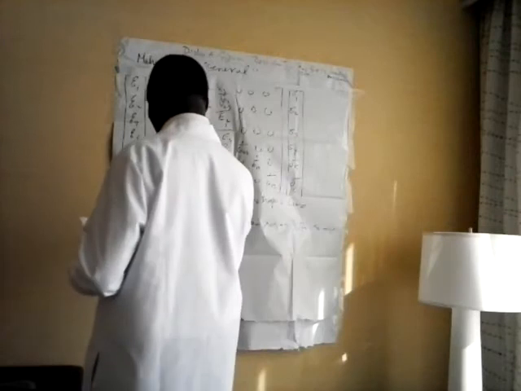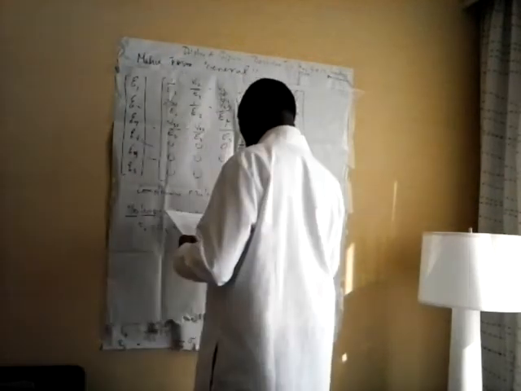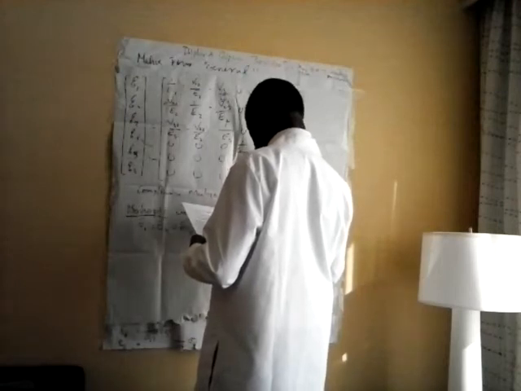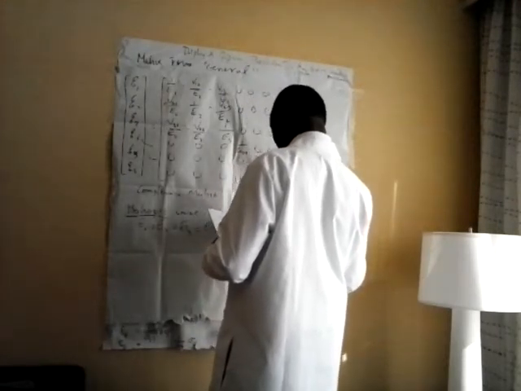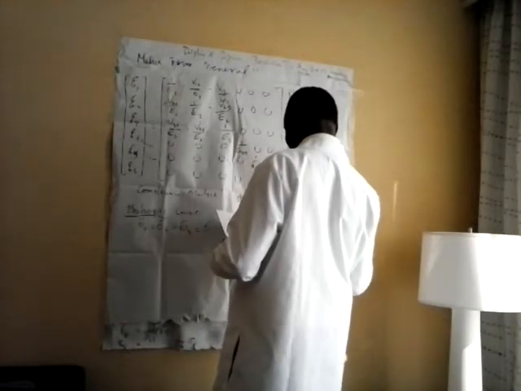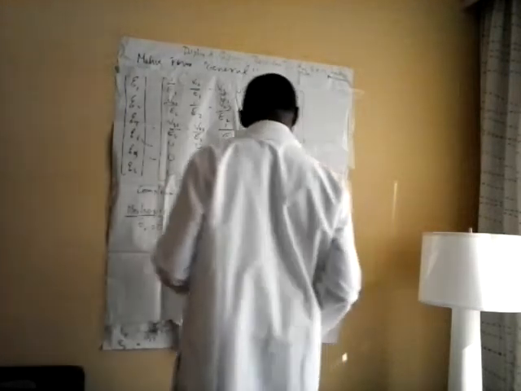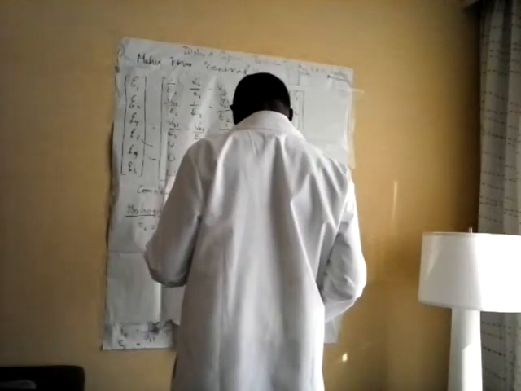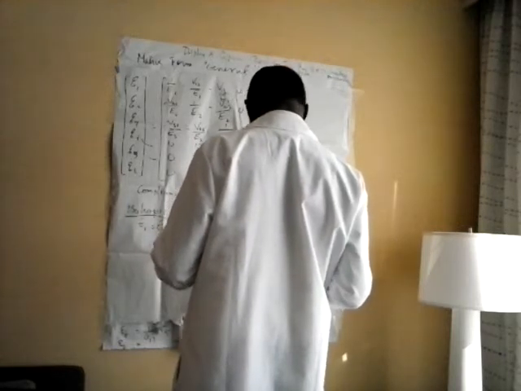For the Poisson ratio, we have now that V12 equals V21 equals V13 equals V31 equals V23 equals V32 equals V, this could be V or the Greek letter nu.